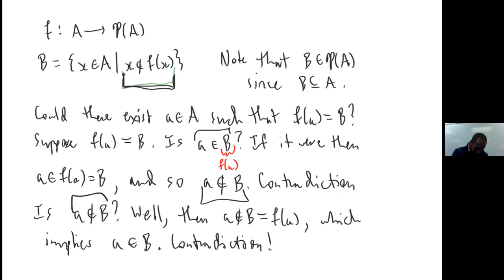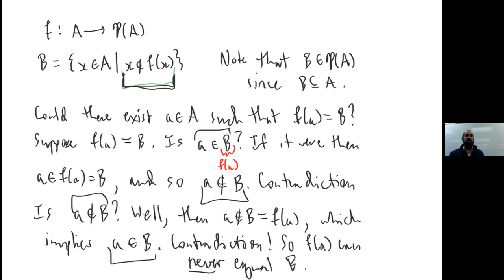Because look, there's this and this. They are blatantly at odds with each other, yes? Therefore, what do we conclude? So f of A can never equal B. That means that this function is not onto.